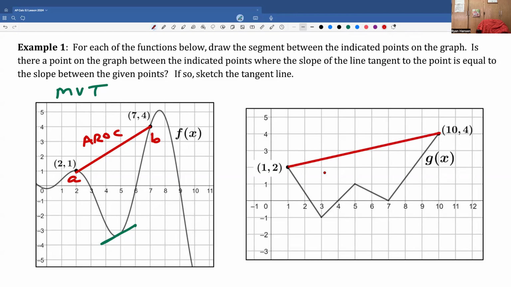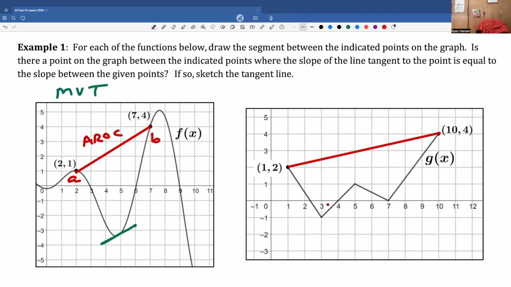Okay, we can figure that out. That's a rise over run, a 2/9 slope. Can we draw a tangent line somewhere to the graph of g of x that has that same slope?